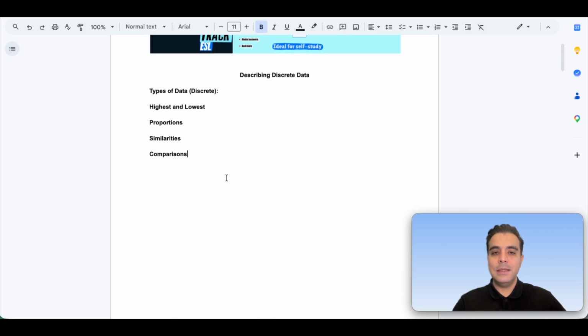So basically, when it comes to discrete data, these are the types of information that we might want to describe: highest and lowest amounts, proportions, similarities, and comparisons.